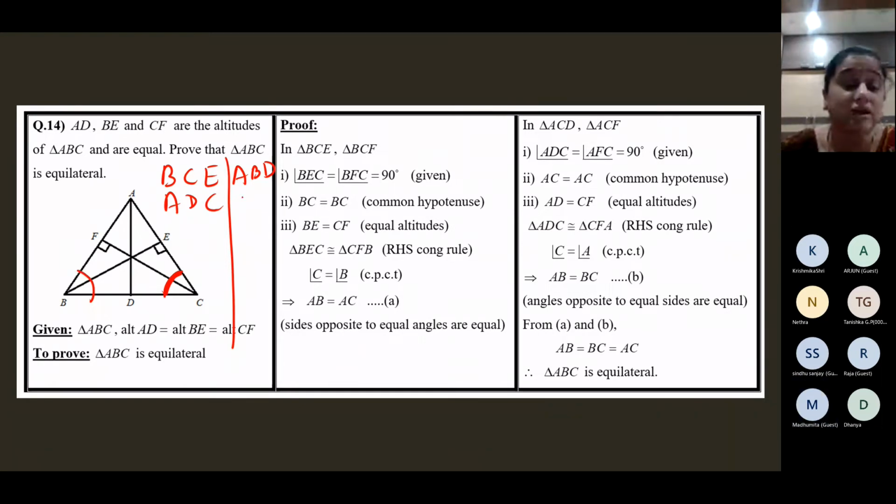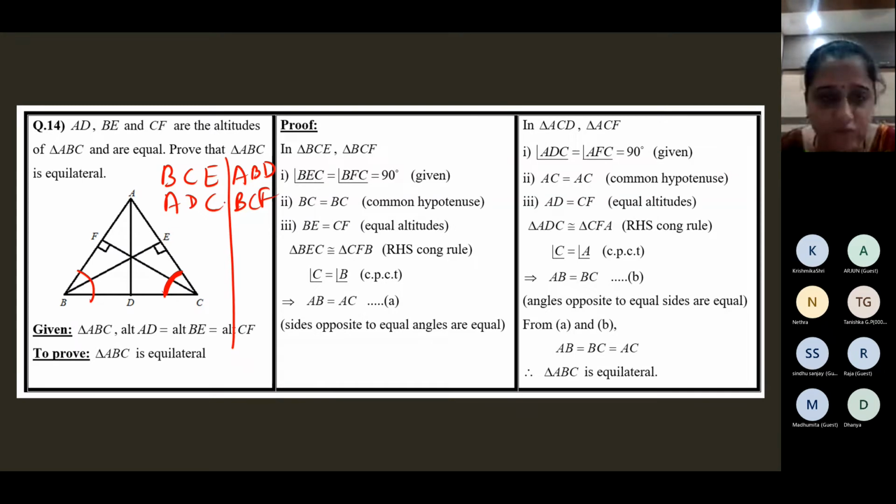And also in triangle ABE, ma'am. In ABE, we don't have the full angle B. BCF, ma'am. In BCF, we have the full angle B. We're looking for the complete angle B.